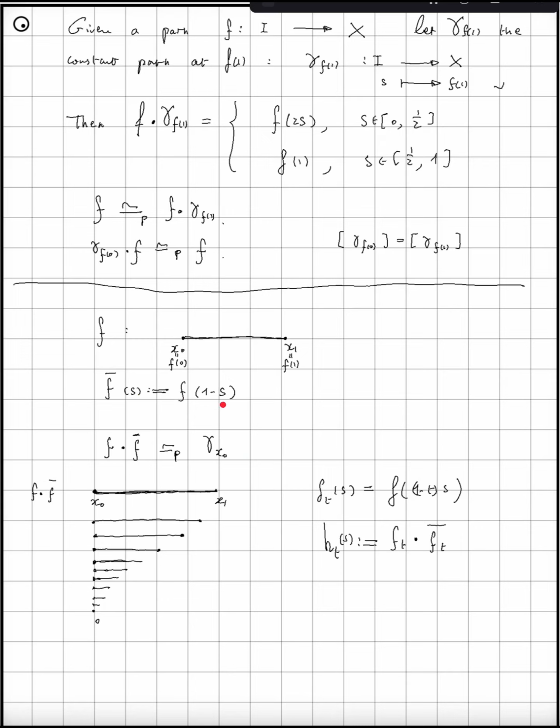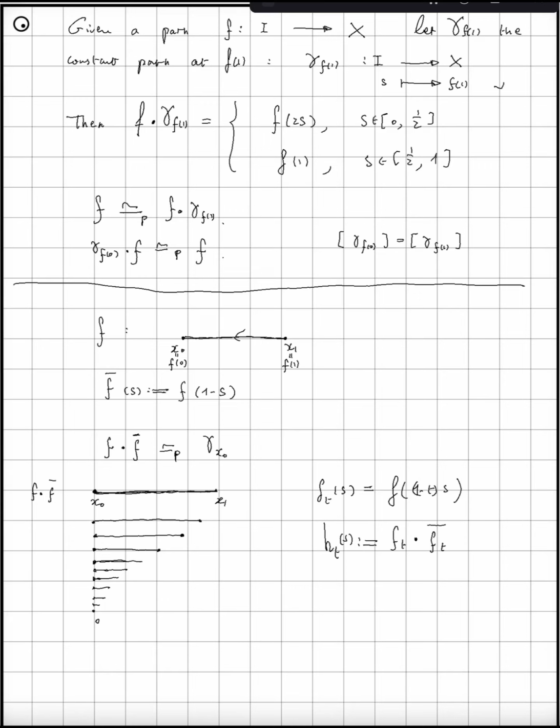So we see that when the time goes from 0 to 1, it goes reversing the direction from f1 to f0. And so its composition is a path which forms a loop, right? Because it comes from x0 and goes back to x0.